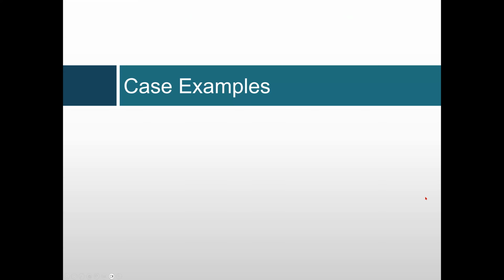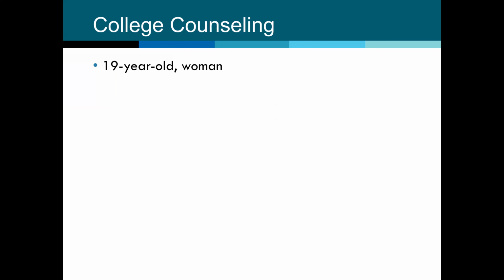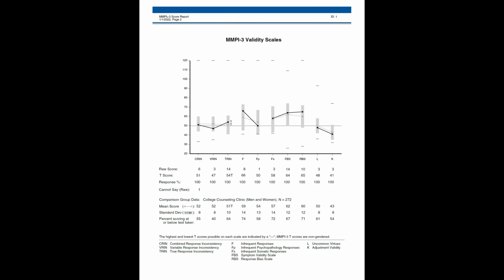All right, so let's take a look at some of our case examples. And the first will be that of a 19-year-old woman who was tested in a college counseling clinic at intake for mental health services. And again, the solid line connects her actual T-scores. The dotted line connects the means for the comparison group, shaded bars plus or minus 1 standard deviation from the mean.